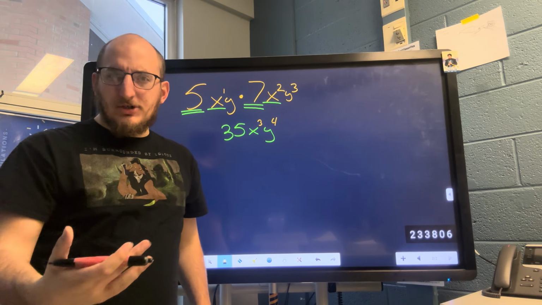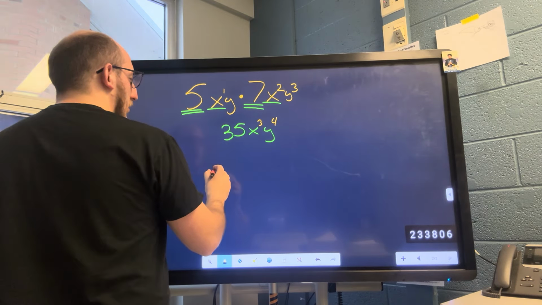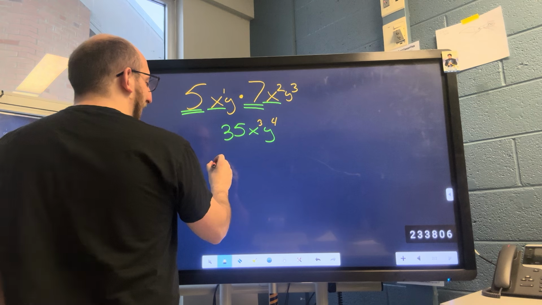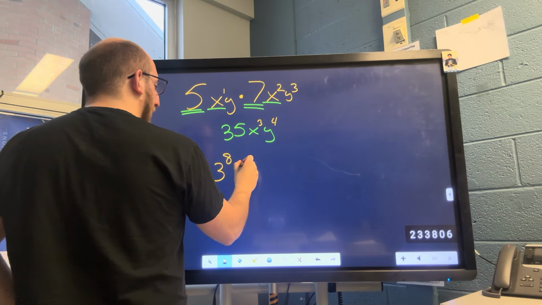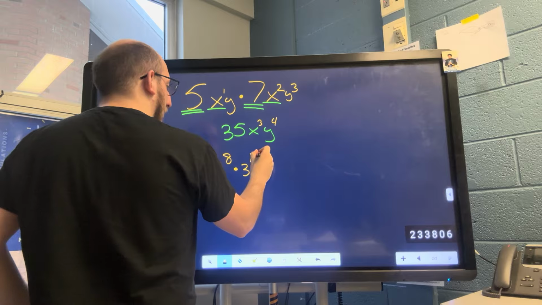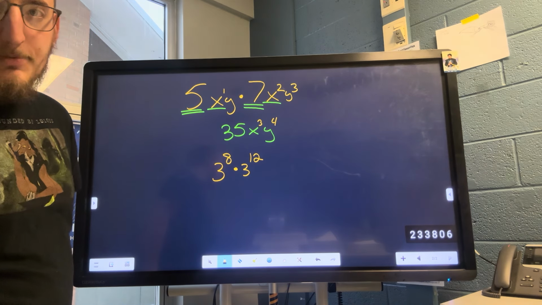And the same thing works when we're multiplying constants. If I have 3 to the 8th times 3 to the 12th, that's going to give us a really big number.